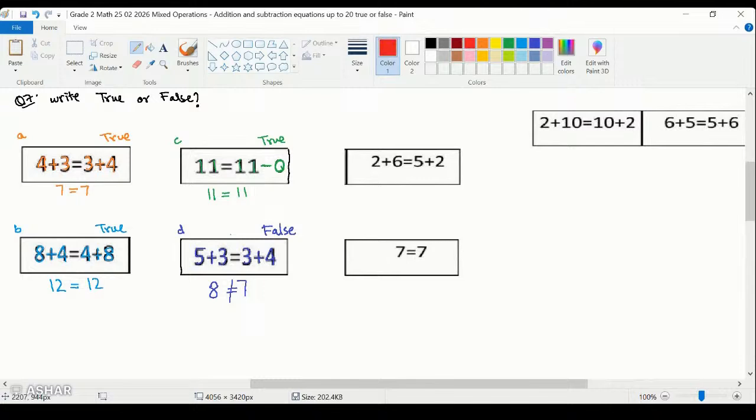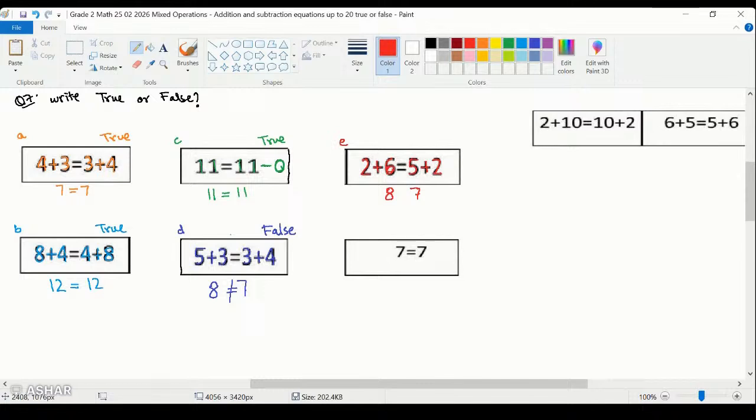Part E says 2 plus 6 and 5 plus 2. We know that 2 plus 6 is 8 and 5 plus 2 is 7. Is 8 and 7 equal?